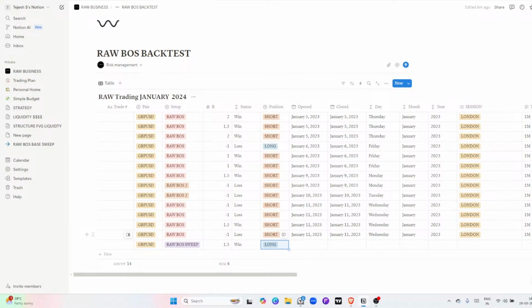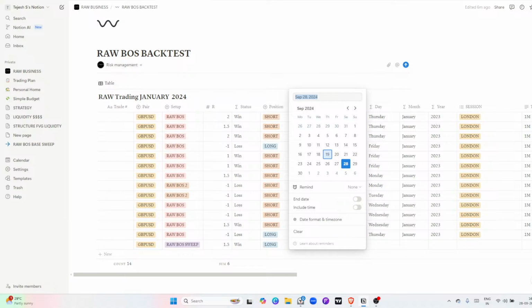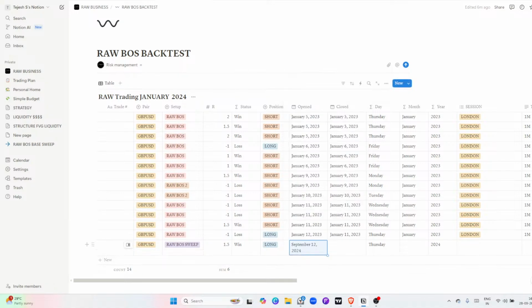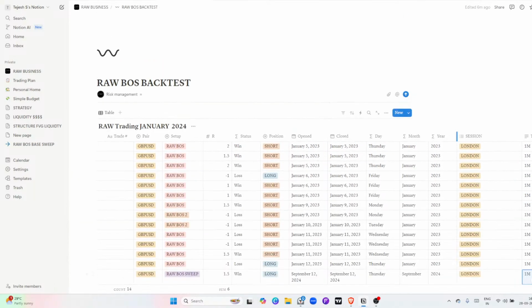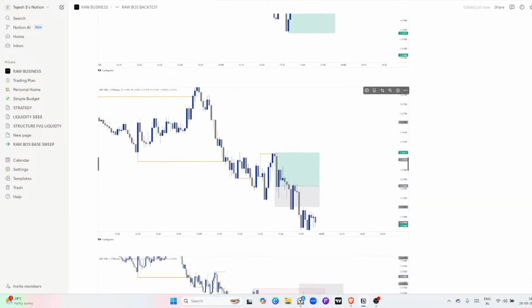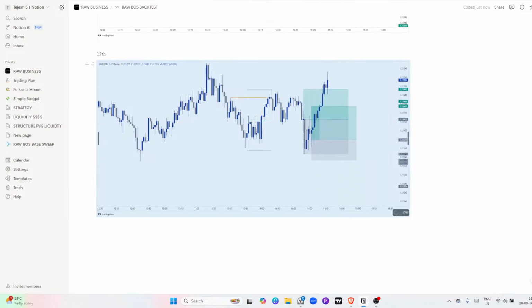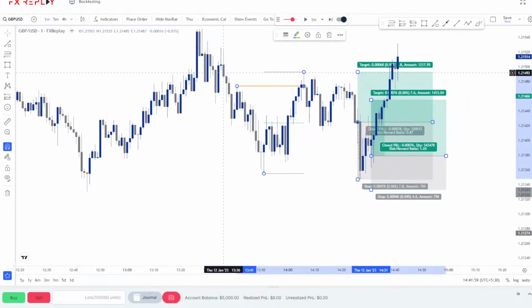No, this is also long. This is on the 12th. This is also on the 12th, and the 12th and 12th London. So this is on the 12th. Let's move to the next trade.